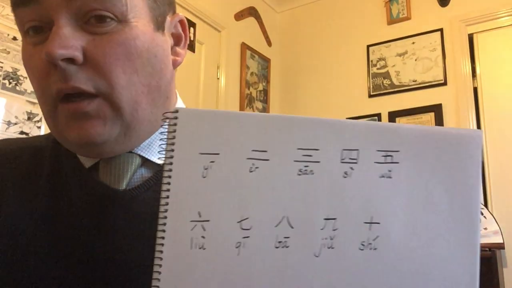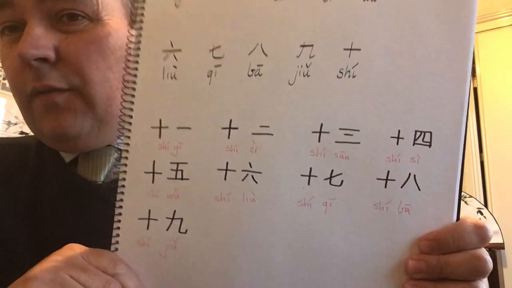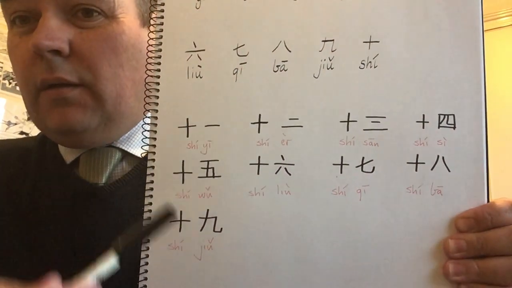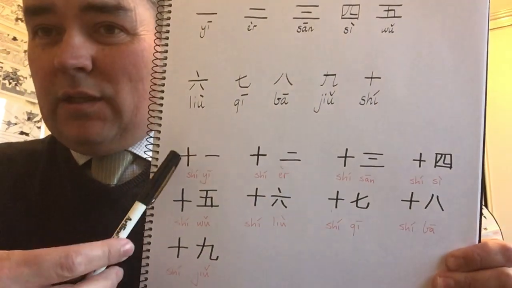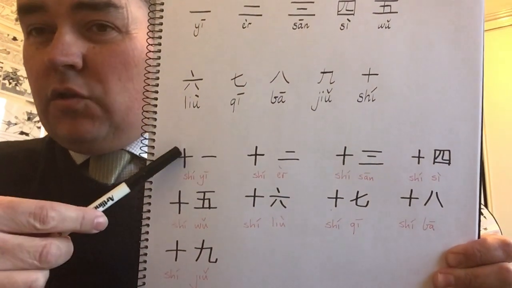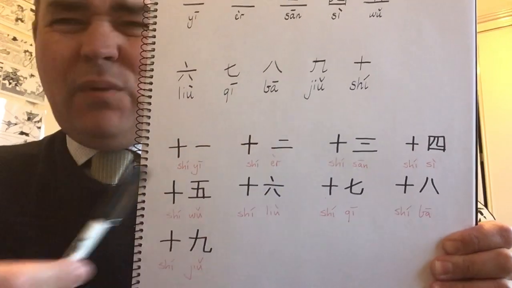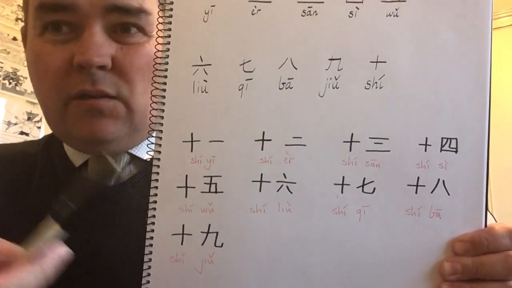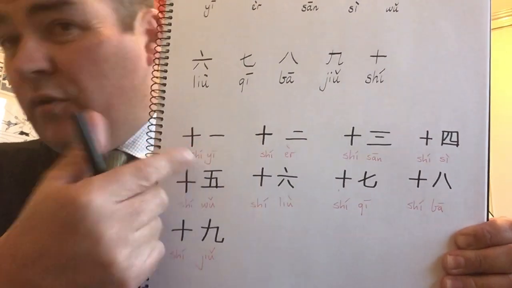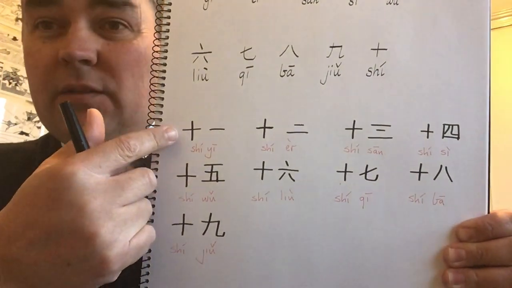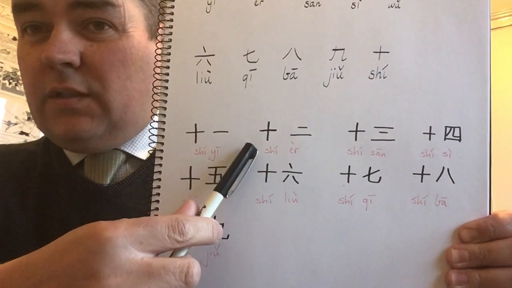Now, just below, I've got the numbers from 11 to 19. So let's have a look. And the pattern is still the same. We actually have sh at the very front. So when we're doing numbers in the teens, as you remember from school, it's usually 10 and then the next number, which is what these numbers are. 11 is 10 and 1. 12 is 10 and 2.